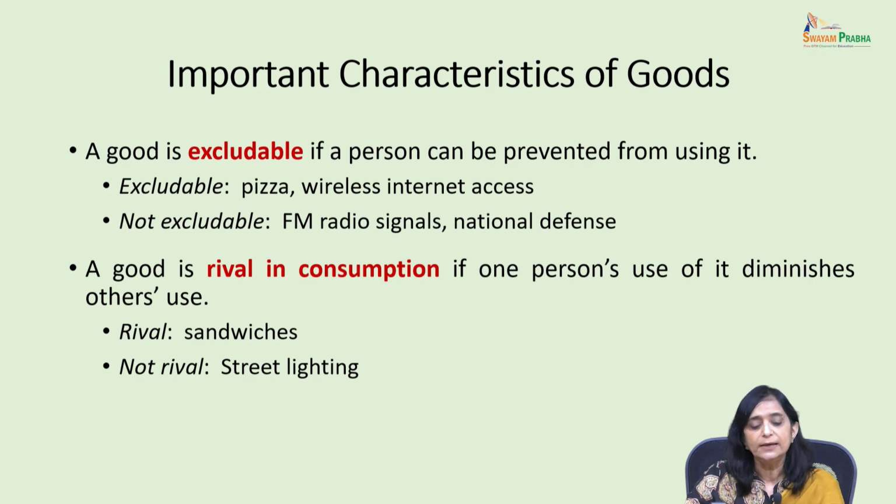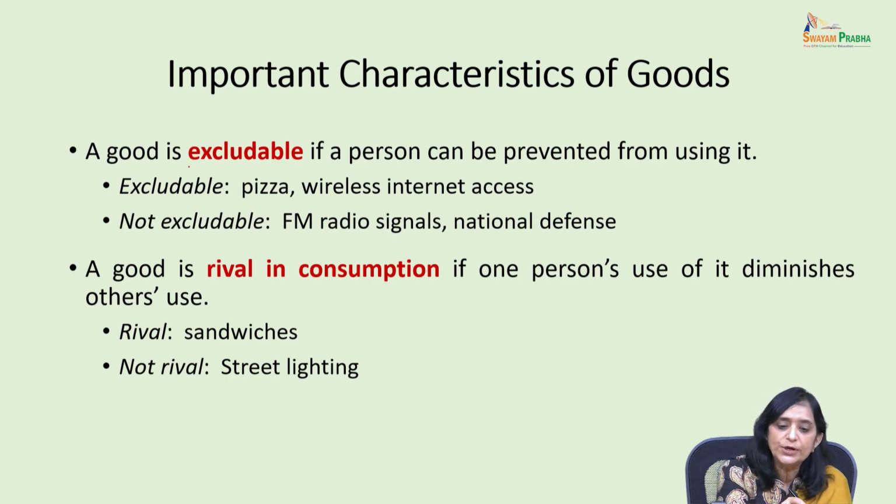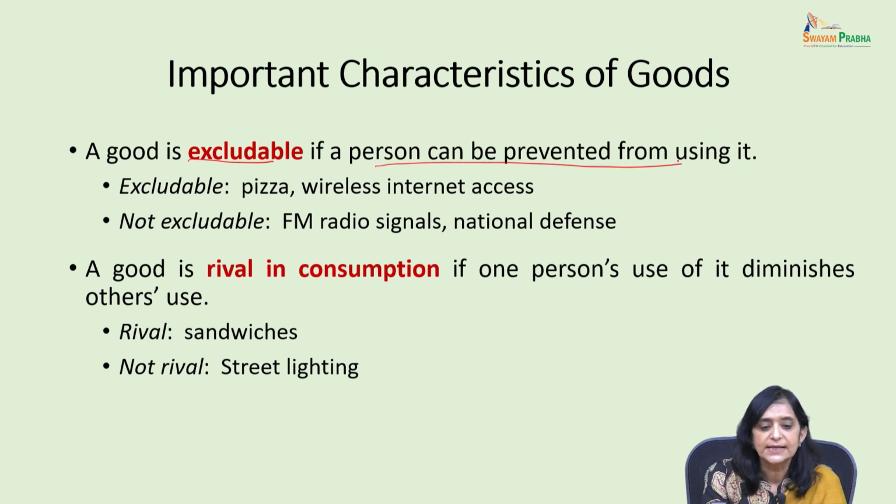Now, a good has two basic characteristics. One, it can be excluded from consumption, and second, it may be rival in consumption. If a good is excludable, this means that a person can be prevented from using it. That is, I am able to let certain people consume that good and not let certain people consume it.